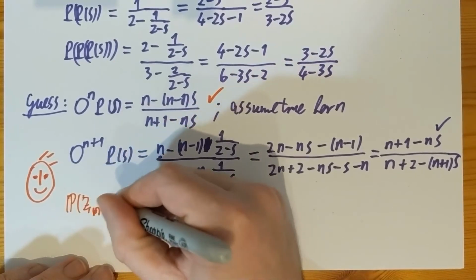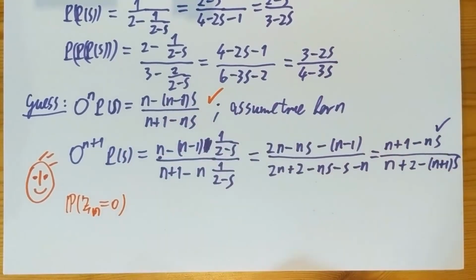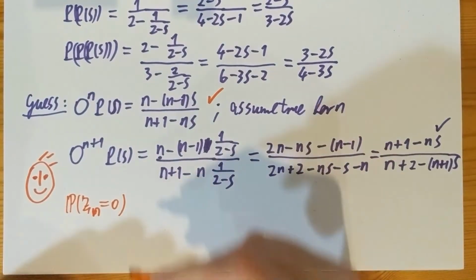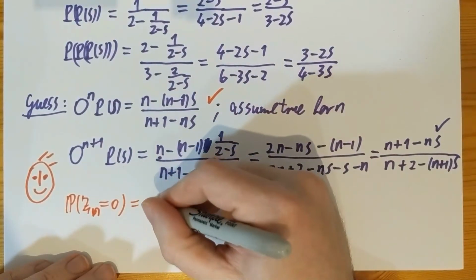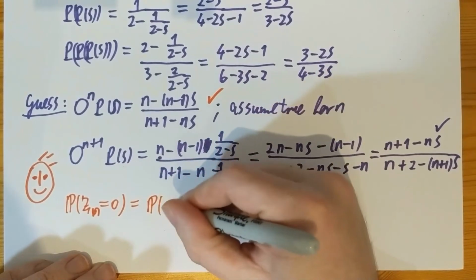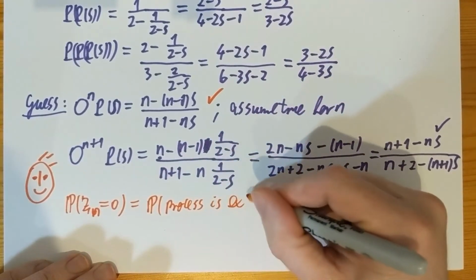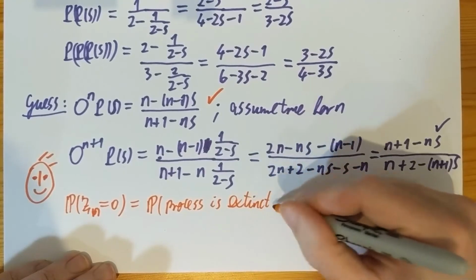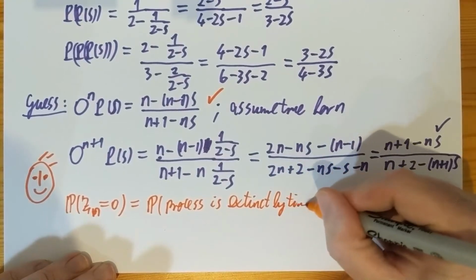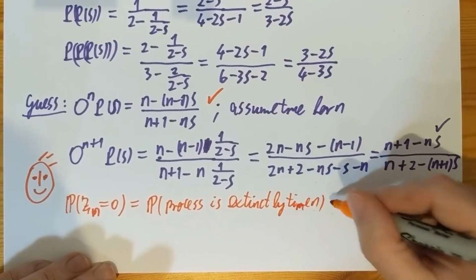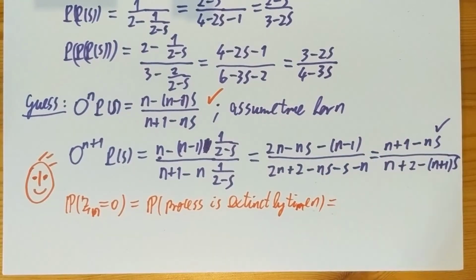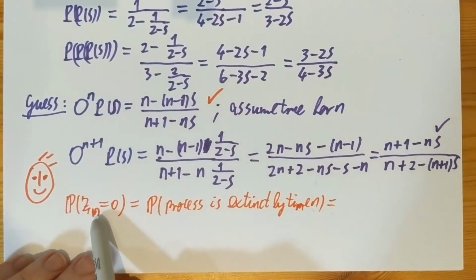Let's find the probability that there are no amoeba at time n. Let's find the probability that the process is extinct by time n. What is that? Well, we have the generating function of Zn.